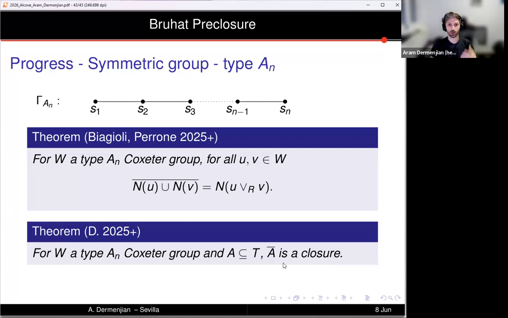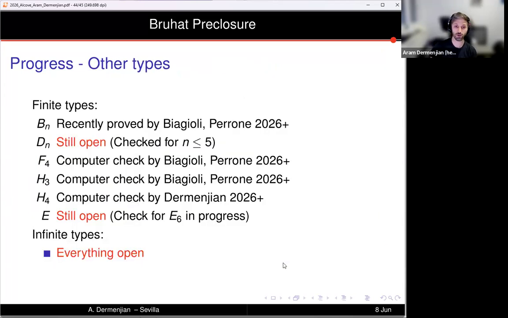And so then the question becomes, well, okay, in type A it's nice, and the dihedral type is nice. What about the other types? And this is where there are still a lot of open problems. So recently, Biagioli and Proni have also proved type B_n. I think it's still not on arXiv as far as I'm aware, but it should hopefully be on arXiv soon.